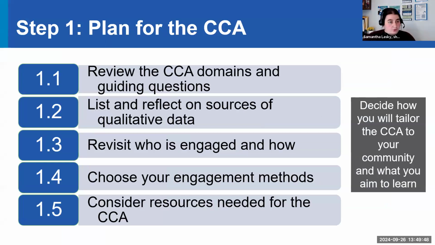So, reflecting back on those domains that we mentioned, reviewing the guiding questions that you developed at the beginning of the second phase of this planning process and the assessment phase, identifying what sources of qualitative data that you want to engage in and revisiting who's engaged and how, choosing those methods.